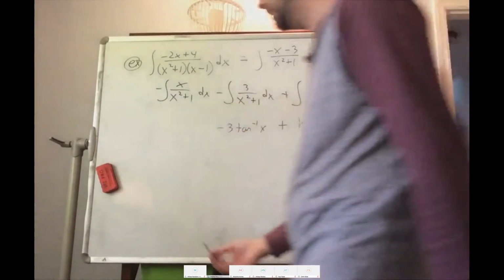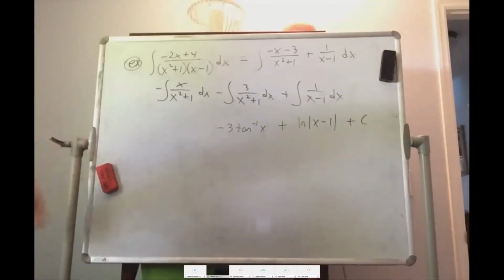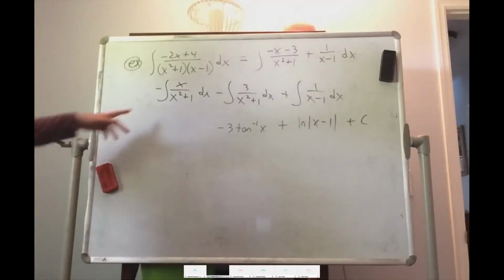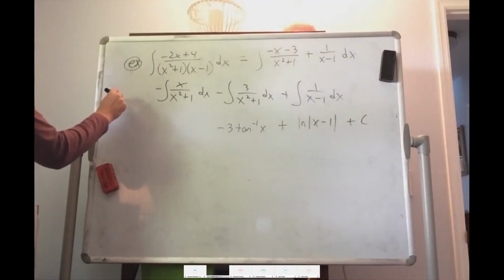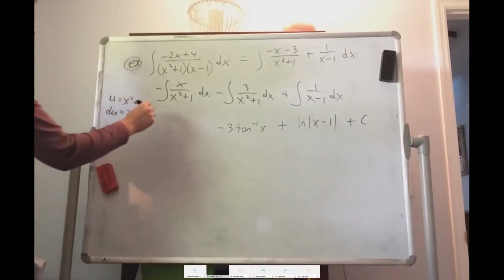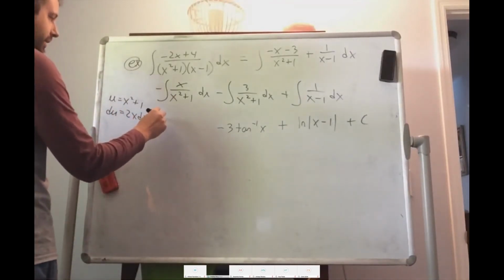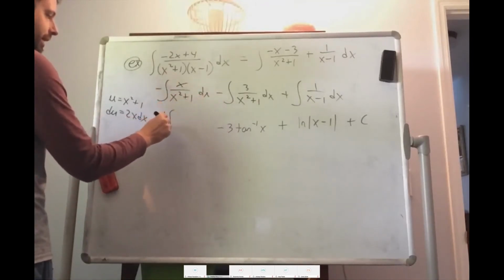This one is not hard. If you were to see this the first week of class, you should have been able to do it. But it is a little u substitution. I would make u equal to x squared plus 1. Du would therefore be 2x dx. I need a 2 here to make 2x dx, so I'll pull the 1/2 out.